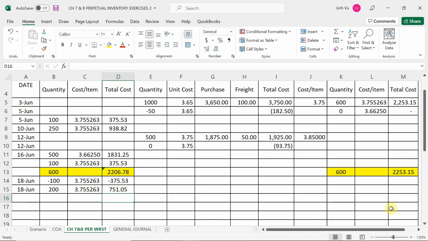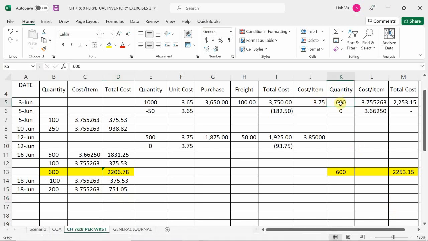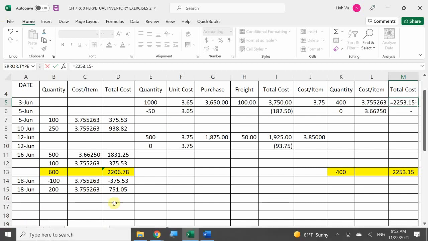751.05. So therefore, I need to update my inventory because I no longer have 600. I only have 400 left. And of course, I'm no longer at 2253.15. Equal 2253.15 minus 751.05 will give me a grand total of 1502.10.